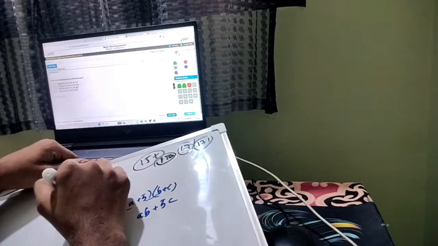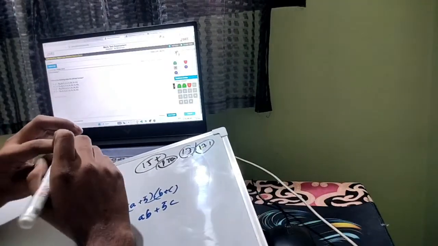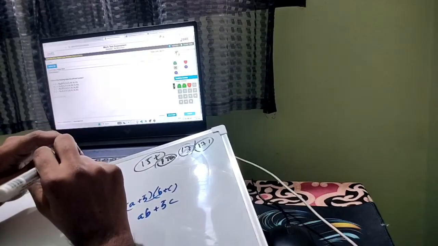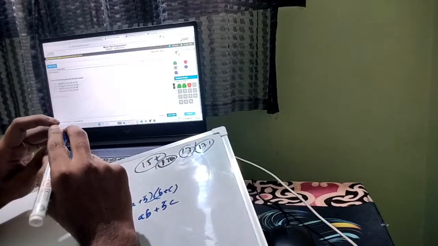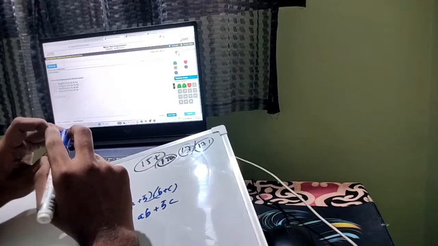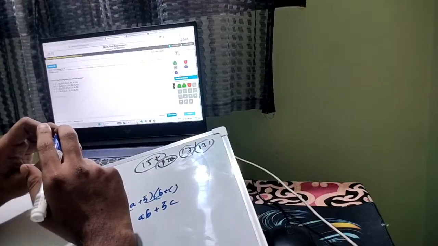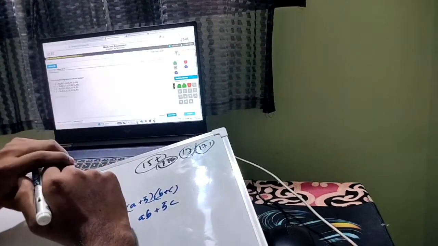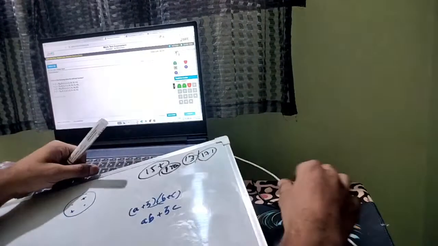It will only do this operation. It will not take negation. So consider 3, 6, 7, 9, 11, 12, 14, 15 by max terms. Okay, let us do the question later.